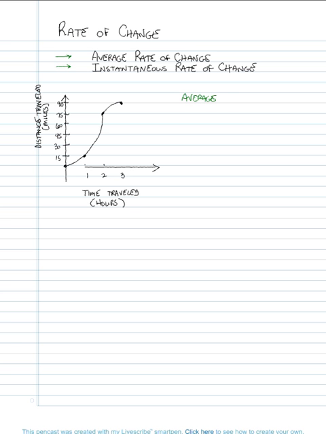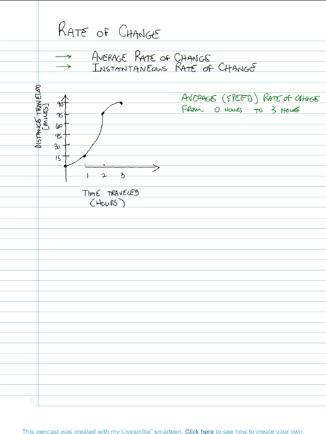So if we wanted to know the average rate of change, in this case the average speed, from, let's say, 0 hours to 3 hours, it would be a simple application.